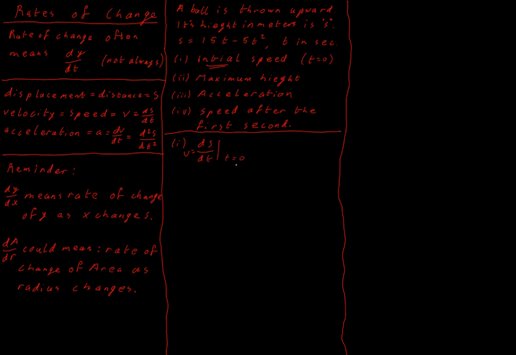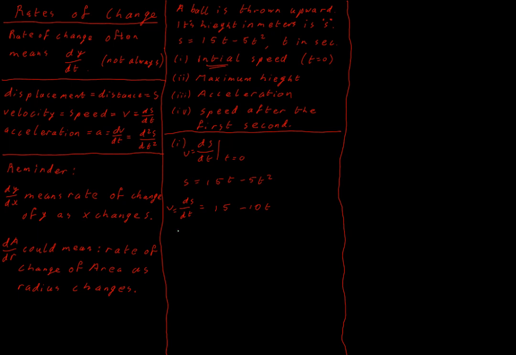So let's do that. I have s is equal to 15t minus 5t squared. I get my derivative to get my velocity or my speed. Again, those two words are interchangeable in our system. 15 minus 10t.